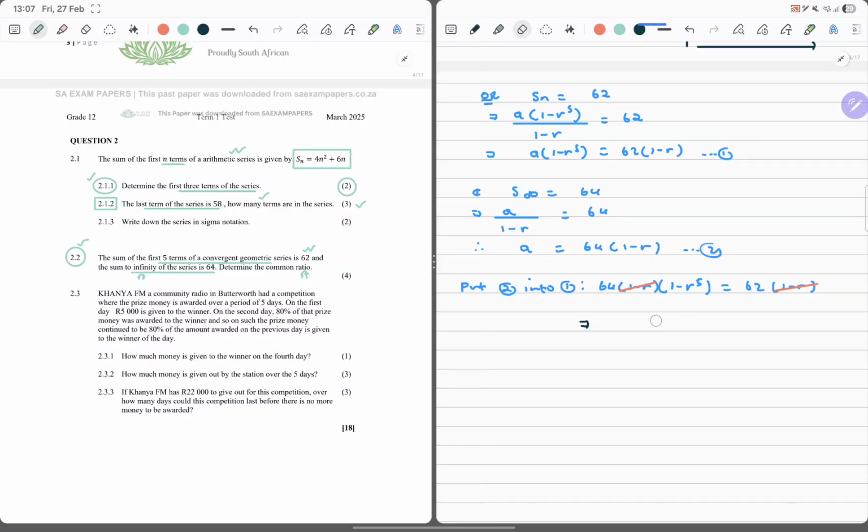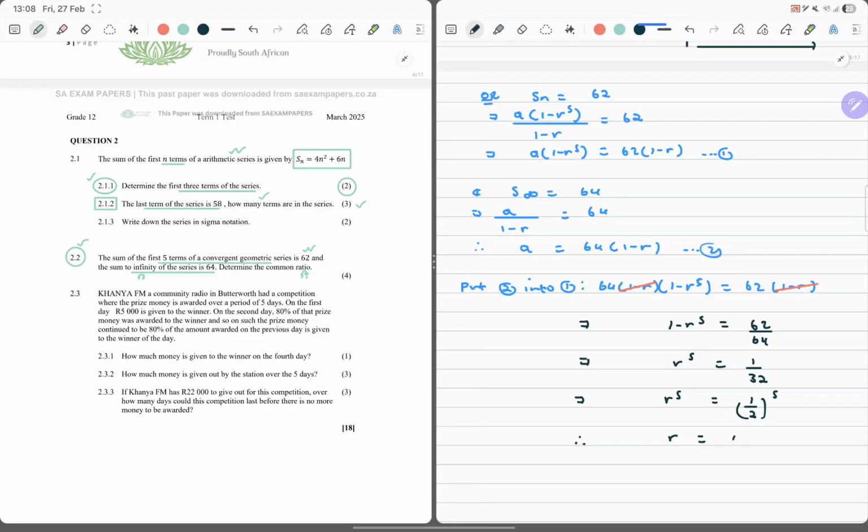Actually, let's not do this. Let's just isolate this. It's 1 minus r to the 5. It's going to be equal to 62 over 64. Okay, so we continue, we isolate r to the 5, we transpose that, it's going to give us 1 over 32. So this implies that r to the 5 is 1 over 2 to the 5.